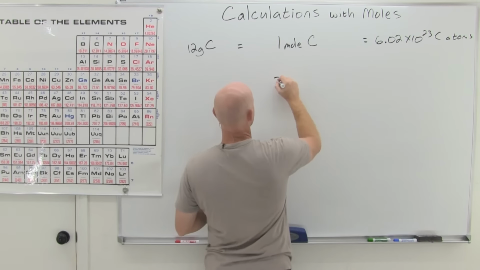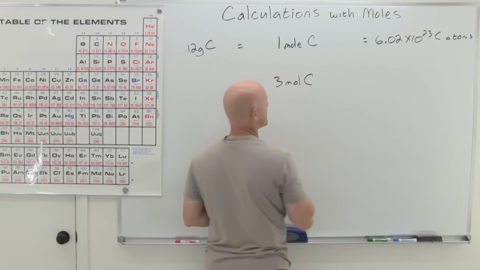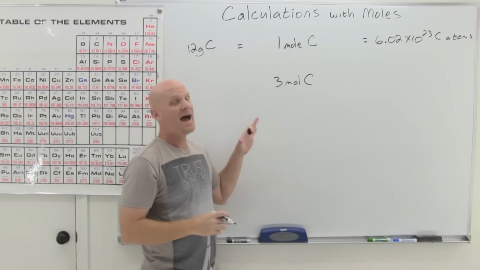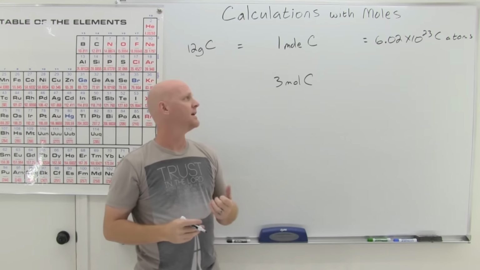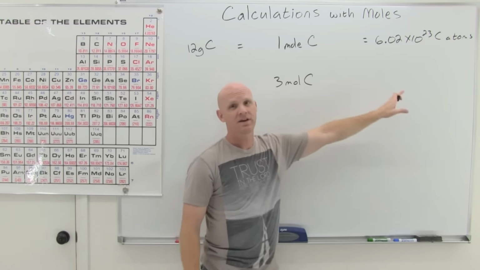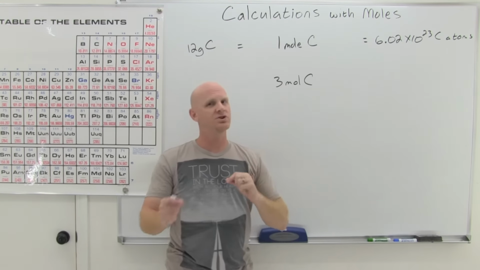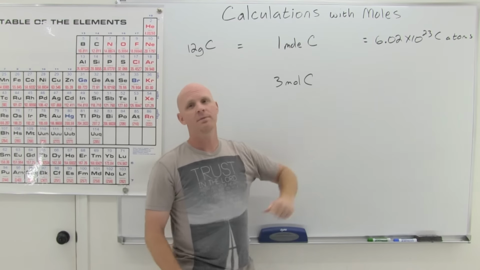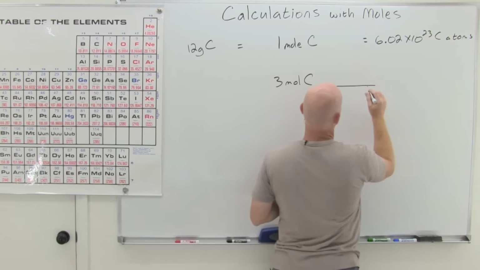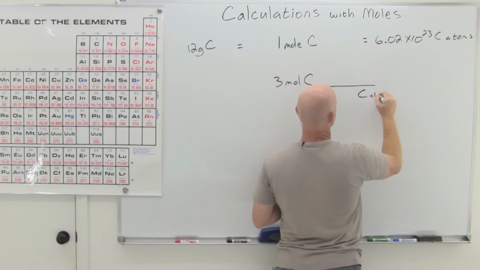So let's say we've got 3 moles of carbon. Now we're actually going to look at the dimensional analysis and say, okay, how do we actually calculate the number of atoms or the number of moles? To get the number of atoms, Avogadro's number is always your connection between moles and the number of atoms or the number of molecules. And so in this case, we're going to put carbon atoms.